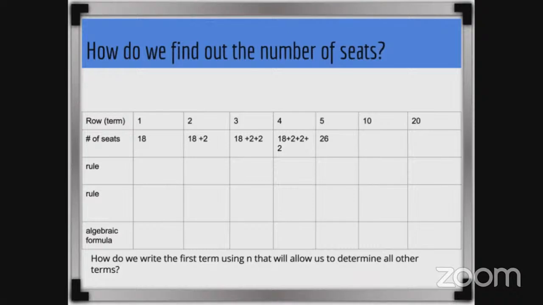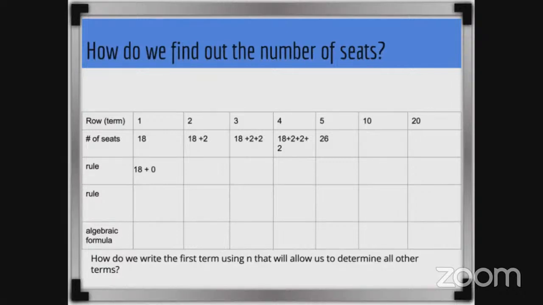Yes, miss. You see that? Yes, miss. All right. So what I want you to do now, to get the 18, I would have added what to get the 18? Miss would have added. Okay, so which row are you talking about? For the first row. Miss, you would not add anything to get 18 because you already have 18. But 18 is the amount of rows that are there.